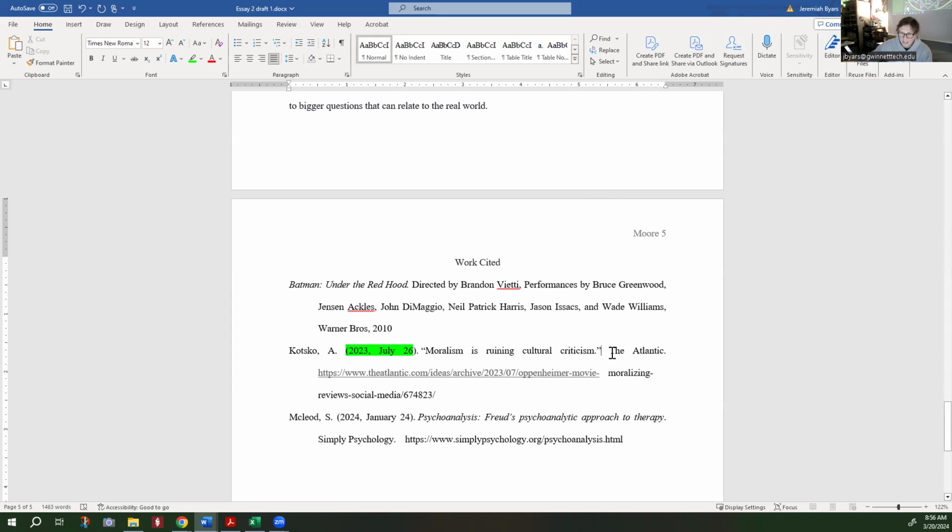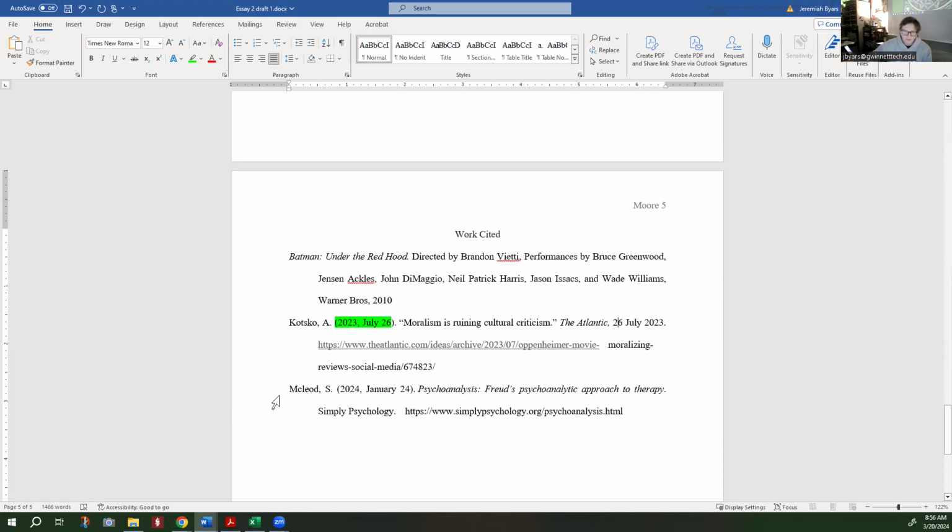The Atlantic is in italics because The Atlantic is the title of our publication. And then what comes after it is the date of the issue that it was published in. Really we don't even need the exact date, but whatever.